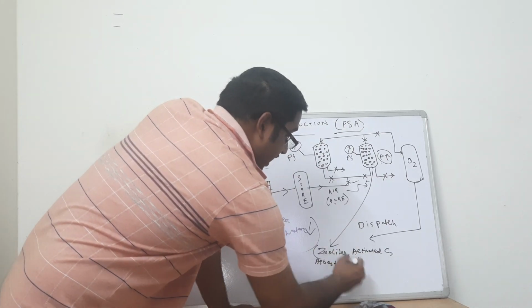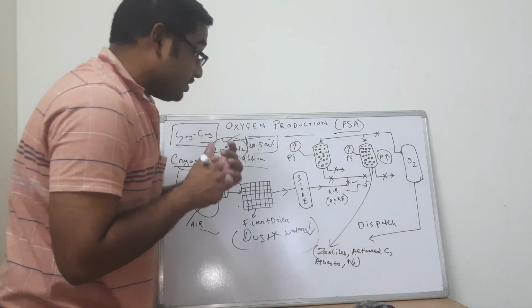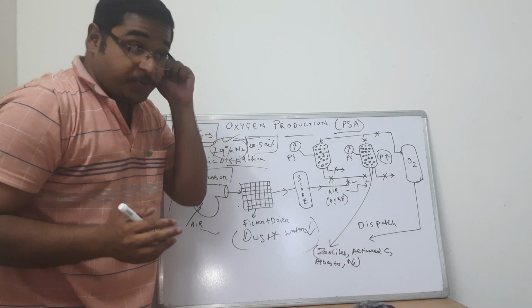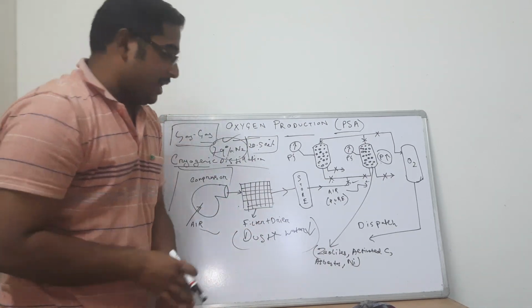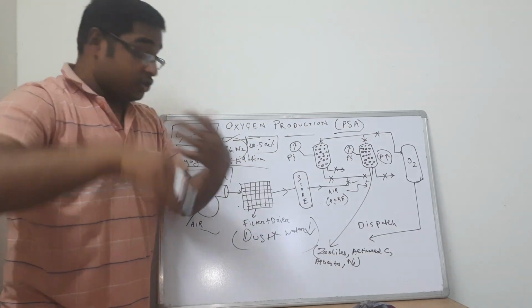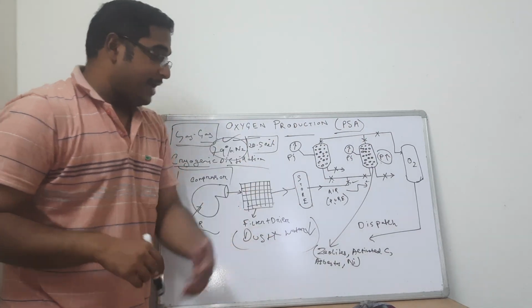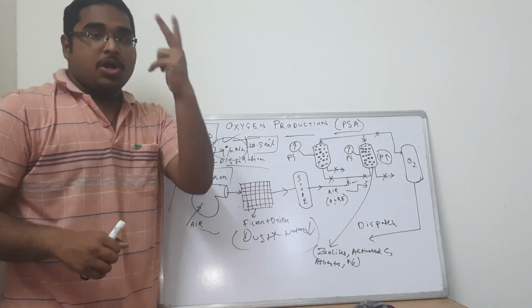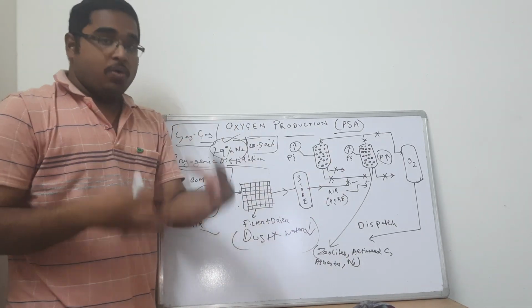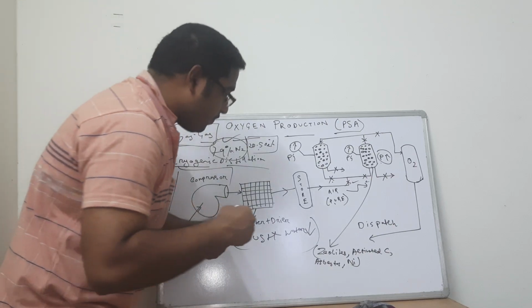All of these are very strong absorbing agents. Sometimes you use adsorption columns in series so that further nitrogen can be separated and pure oxygen can be obtained. You can use adsorption columns in series with different kinds of packings, but the packings primarily are zeolites, activated carbon, asbestos or nickel. So these compounds under high pressure absorb N2.